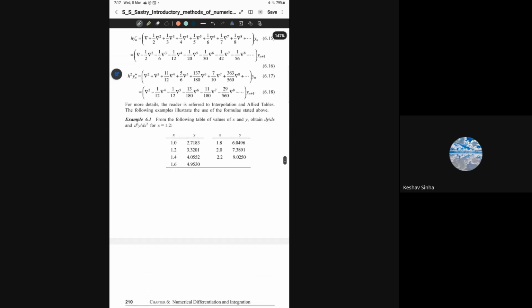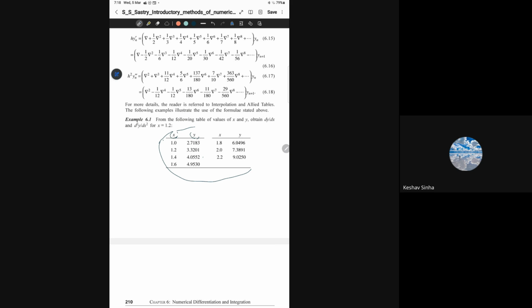Coming to this question, you are given a table. In the table, there is the x value and y value. At x 1, you have a certain y value. At x 1.2, a certain y value.